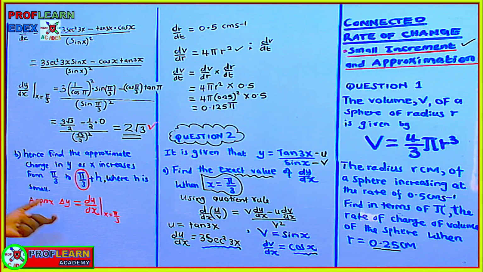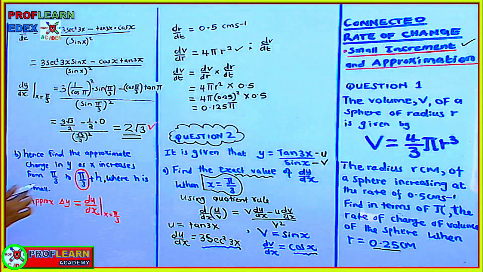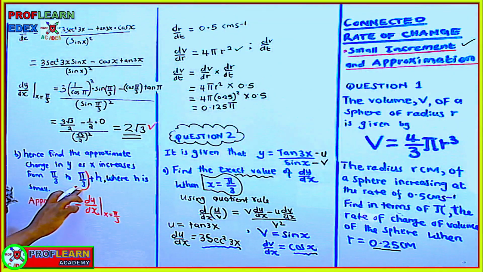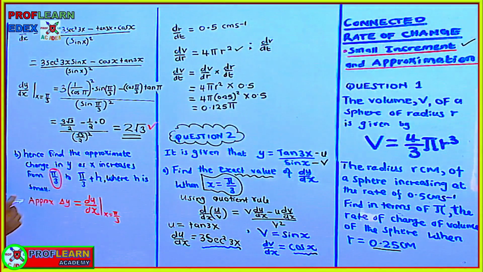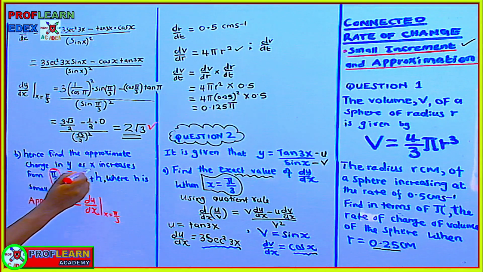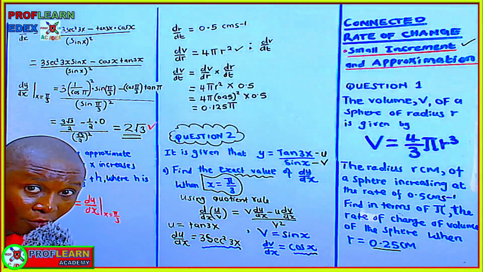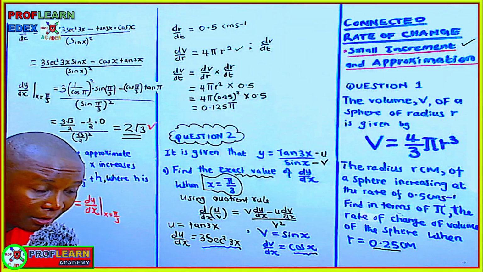If you are working out the approximate change in y at this point, pi over 3, and they are asking you, what is the approximate change in y as x increases from pi over 3 to pi over 3 plus h?